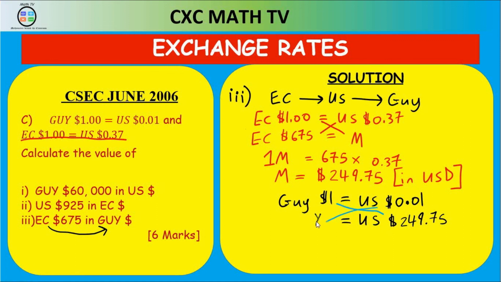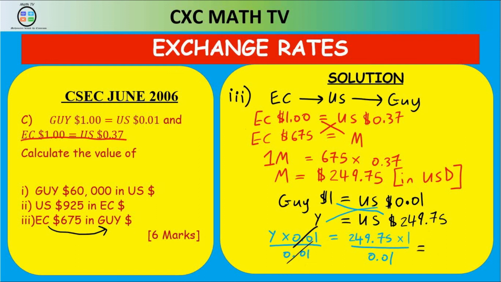Alright, so in this case now we multiply Y times 0.01, and that's equal to 249.75 times 1. Now to make Y the subject, we just divide both sides by 0.01. So dividing both sides by 0.01, of course on the left side, 0.01 cancels.